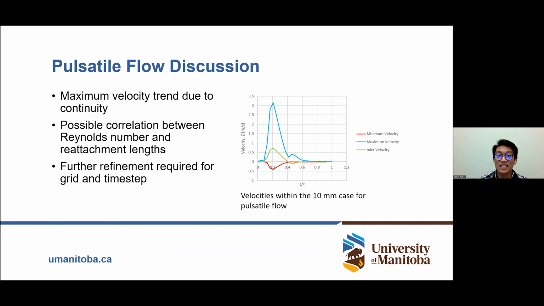Similarly, for the steady-state case, further refinement is required for the grid following the foreshortened section, as currently the recirculation zones may be exaggerated due to the sensitivity of the results to the grid. Additionally, a smaller time step should be utilized in a future study to represent the transient flow more accurately, instead of representing a series of pseudo-steady-state cases.